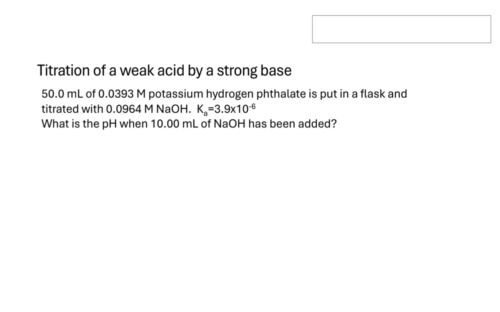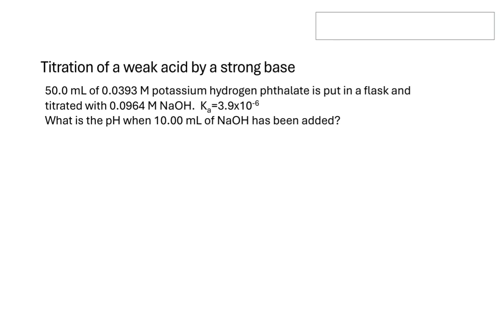So we know that the volume required to get to the equivalence point for our titration is 20.4 milliliters of NaOH. Just again a reminder. In this problem, we want to know what is the pH when only 10 milliliters of sodium hydroxide have been added.